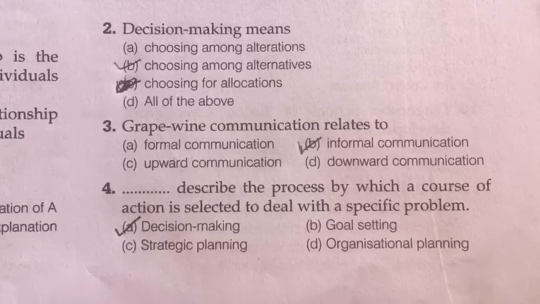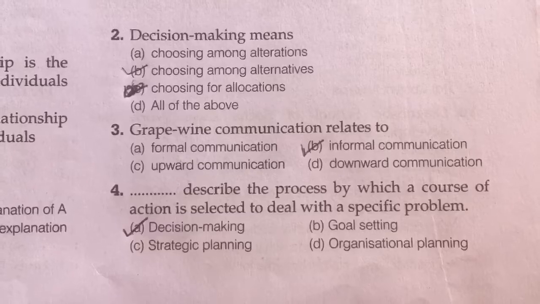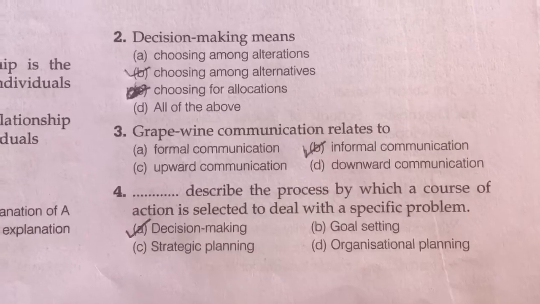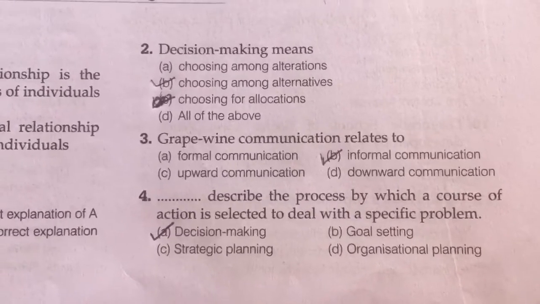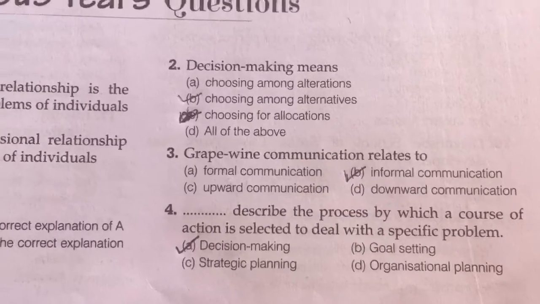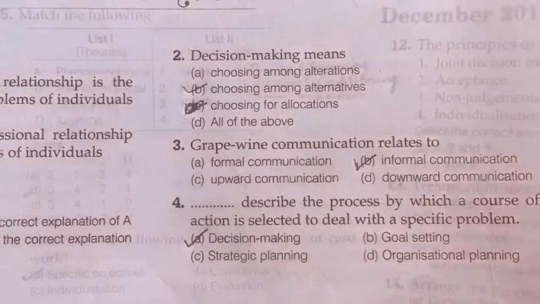A, decision making, B, goal setting, C, strategic planning, D, organizational planning. So an action is selected to deal with a specific problem and it is based on making that first decision. So the correct option is decision making.